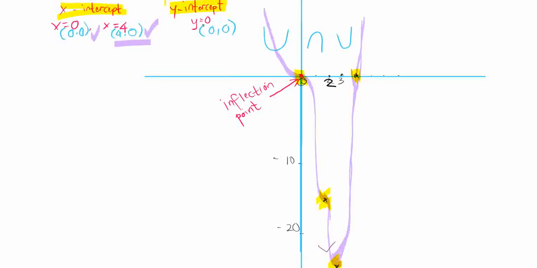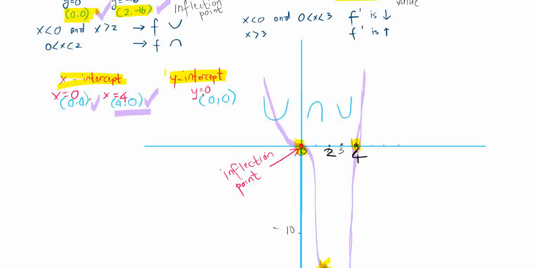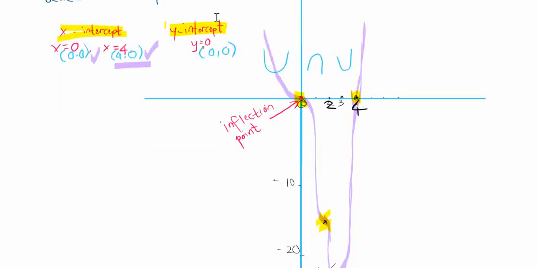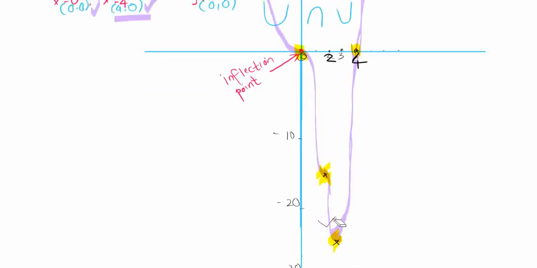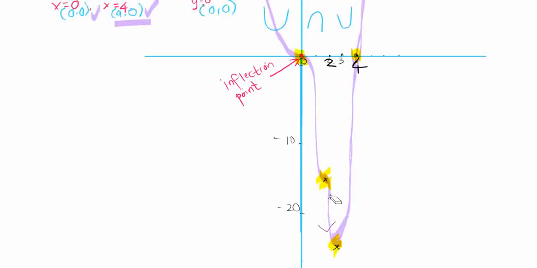So this is our graph. It passes through our coordinates 0, 0, then 2 comma negative 16, and the minimum value of 3 comma negative 27, and it passes through the other x-intercept, 4 comma 0.